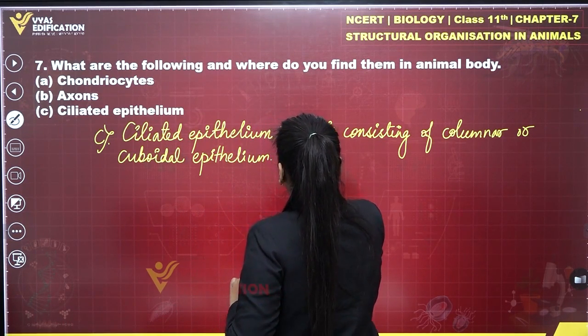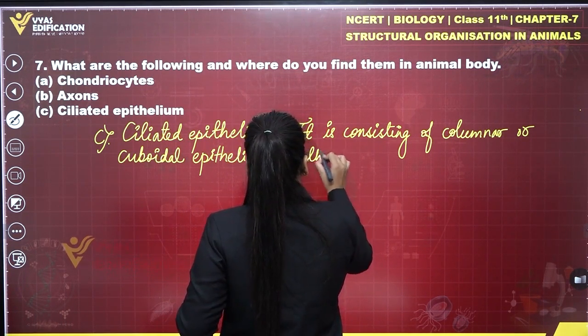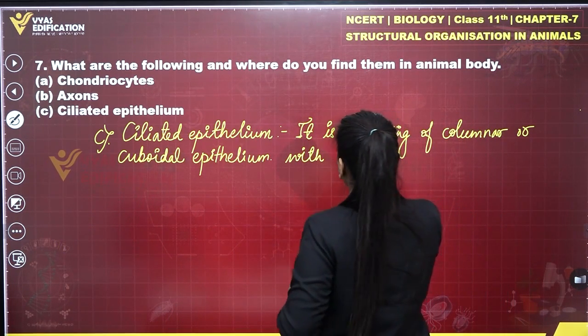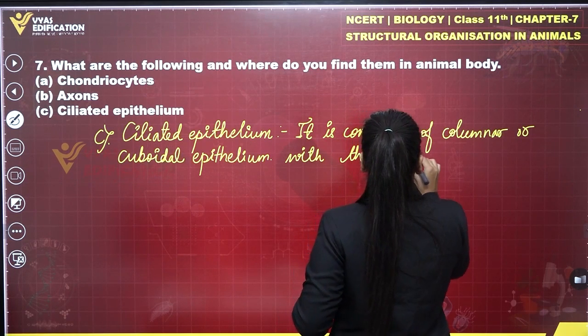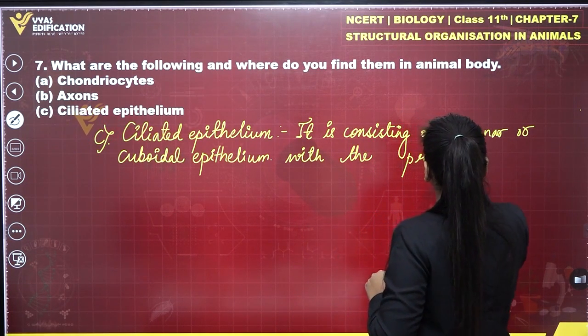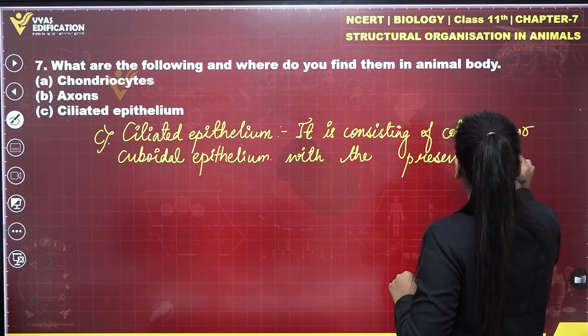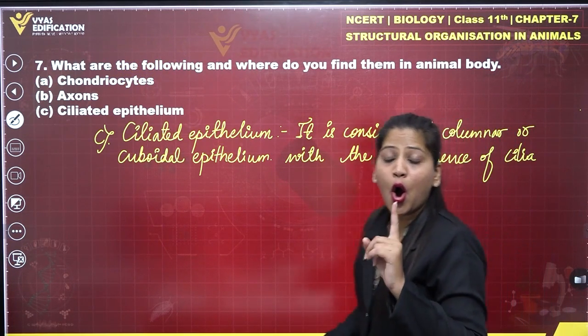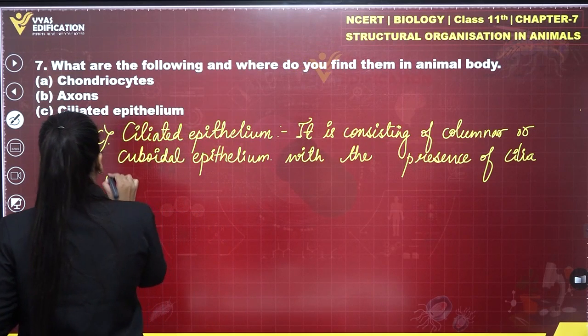Now it consists of columnar or cuboidal epithelium with the presence of cilia on their free surfaces.